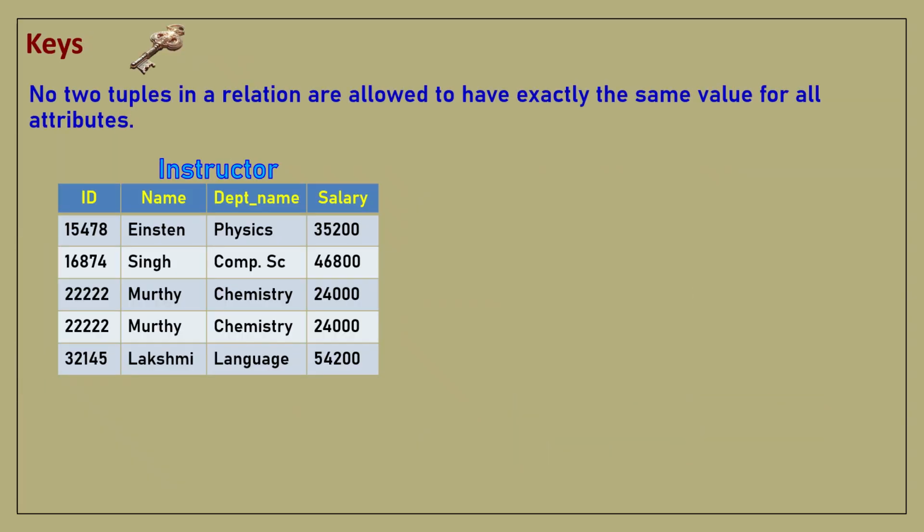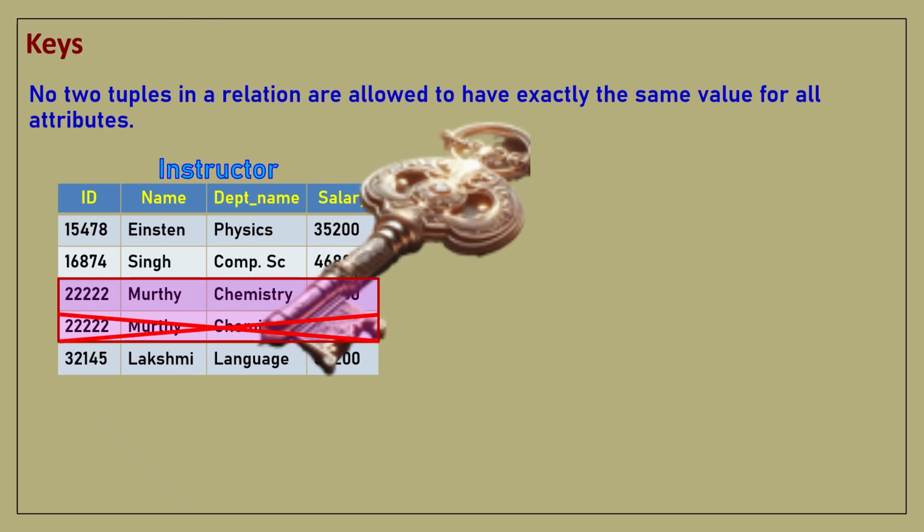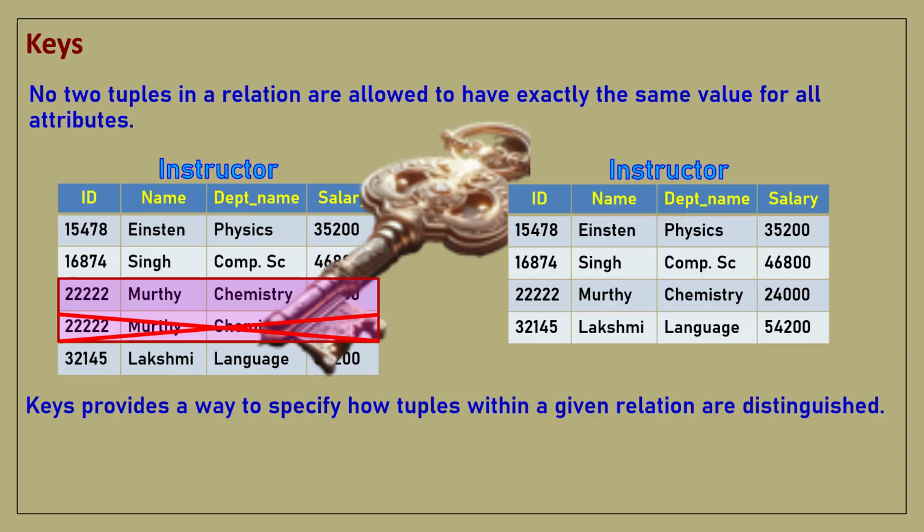No two tuples in a relation are allowed to have exactly the same value for all attributes. Keys provide a way to specify how tuples within a given relation are distinguished. This is expressed in terms of their attributes. That is, the attribute values of a tuple must be such that they can uniquely identify the tuple.